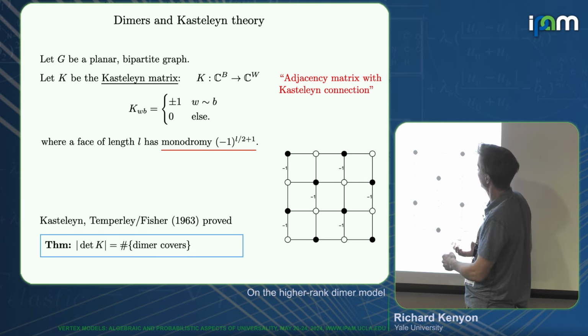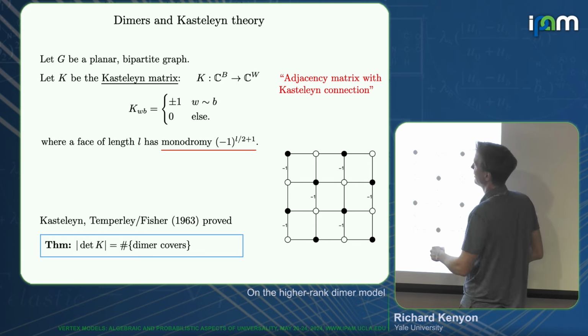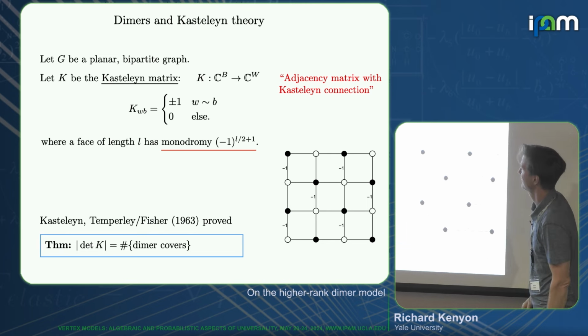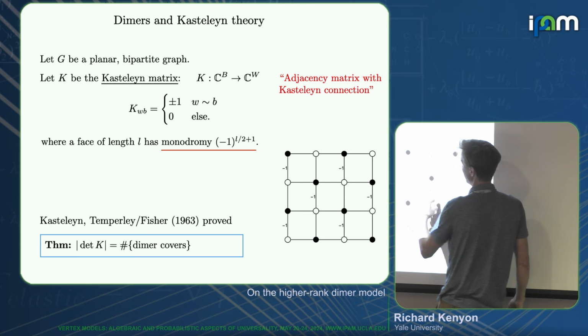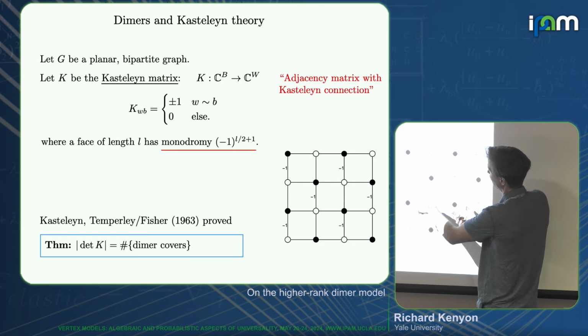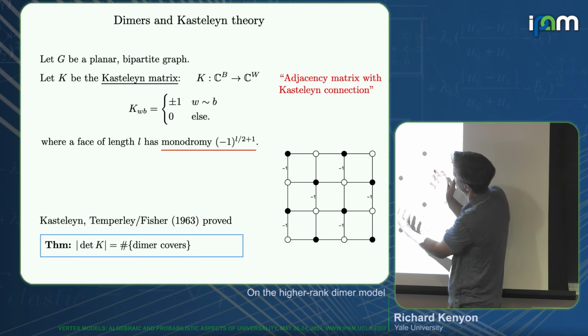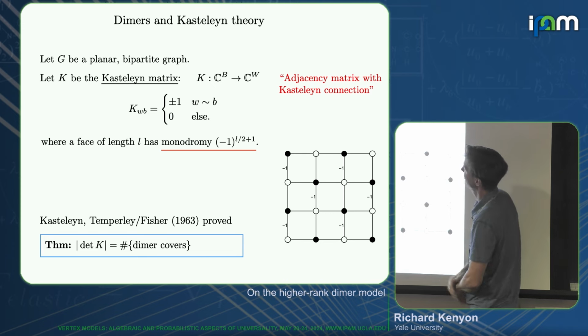The Kasteleyn connection is a plus or minus one valued connection, which has a certain monodromy condition around every face. A face of length L has monodromy minus 1 to the L over 2 plus 1. For example, a square face has monodromy minus 1. If you think about it that way, then you don't have to worry about gauge transformations. You just need to take a connection in this class.